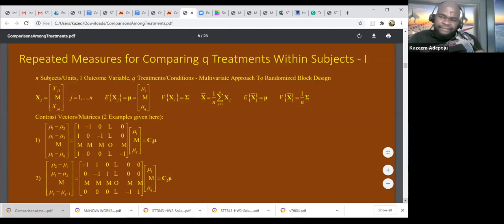It's the same fertilizer, but at different levels. What do I mean by different levels?